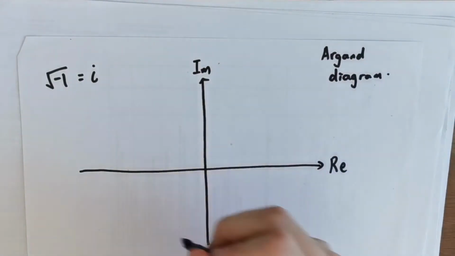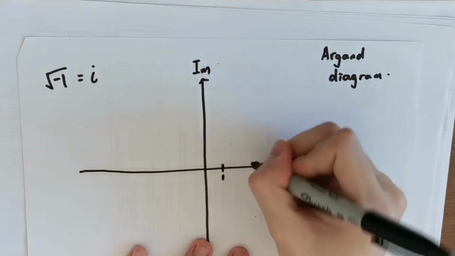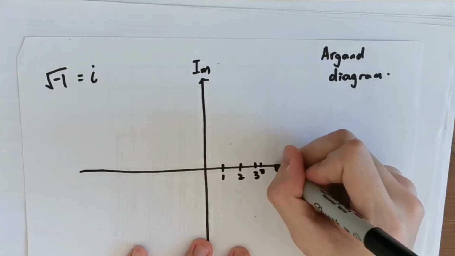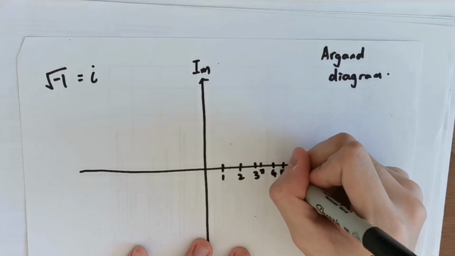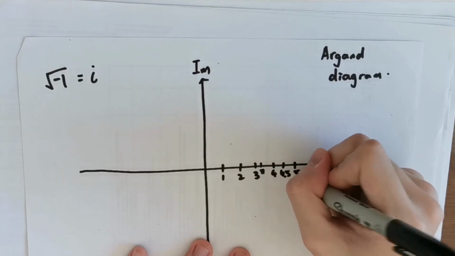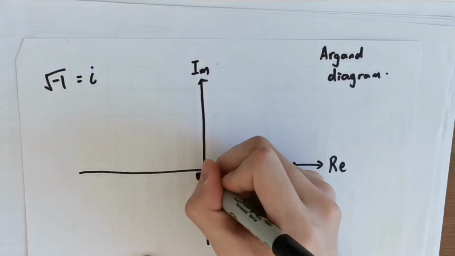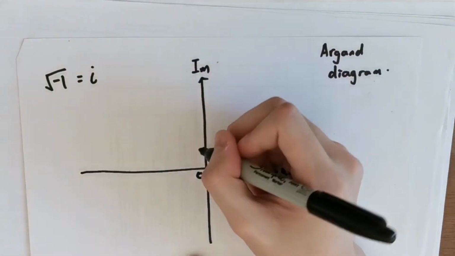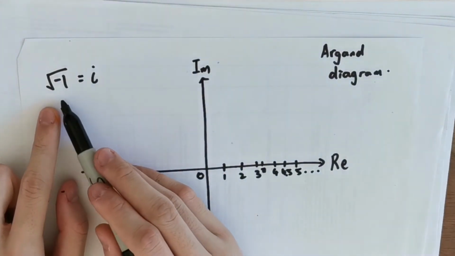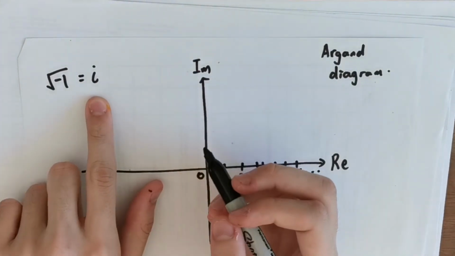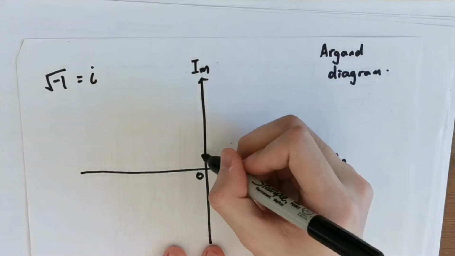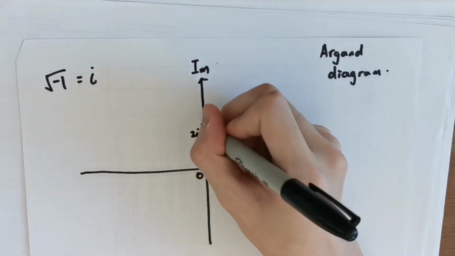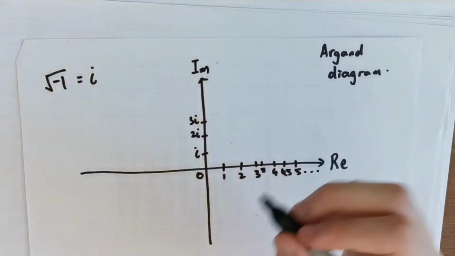Okay, once again, the horizontal axis are the real numbers. So you have 1, 2, 3, pi is somewhere here, 4, 4.5 is here, 5, and so on. 0 is right here. And on the vertical axis, we have the imaginary numbers. One example is i, which is square root of -1. So i is right here. Then moving up, we have 2i, 3i, and so on.